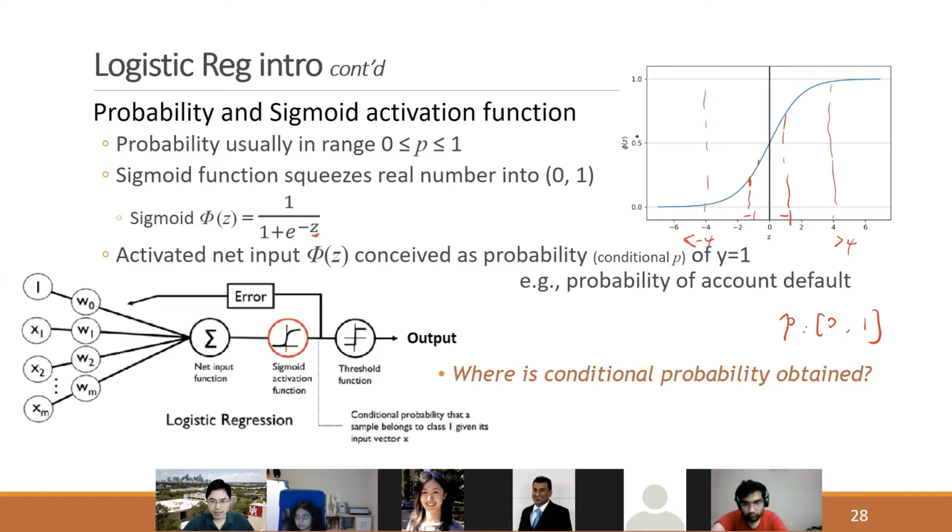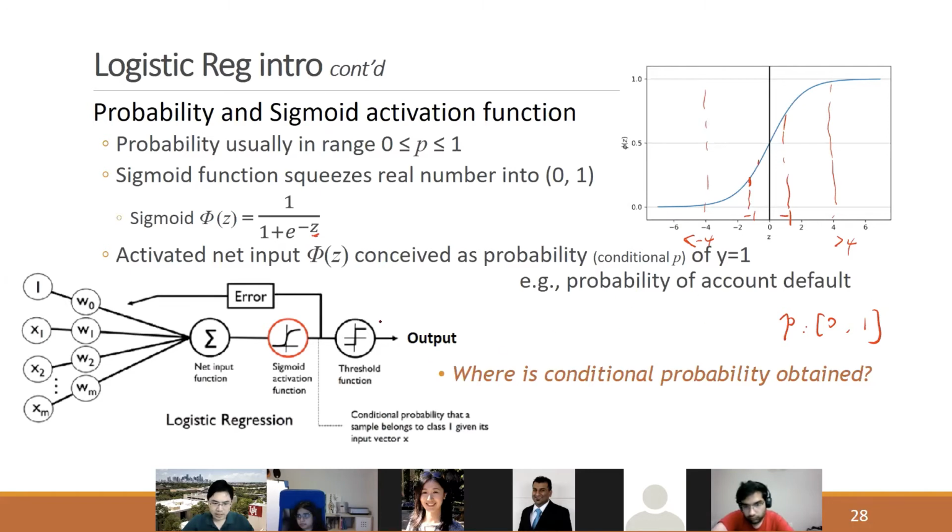But for us to be able to interpret what this activation function is doing, it's very much like a probability estimation. So it just so happens that we directly use the activated value to imitate the probability of something happening.